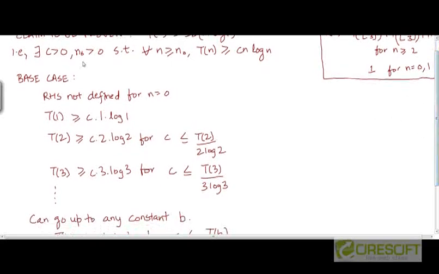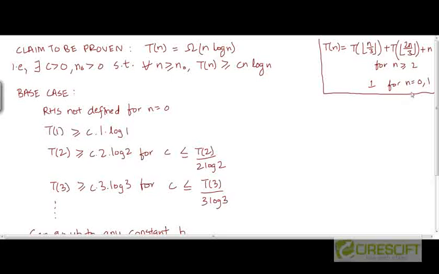So let's look at the base cases. Let's start from the smallest possible value of n, which is n equal to 0. Is t of 0 greater than or equal to c times 0 times log of 0? Well, log of 0 is not defined. So the right hand side of this inequality is undefined.